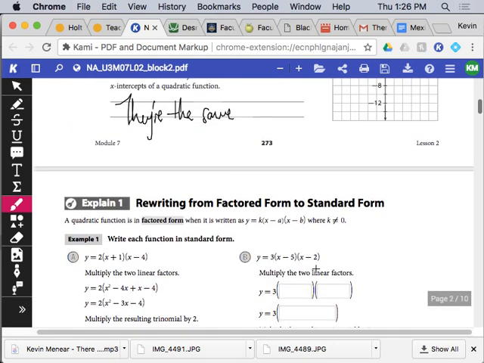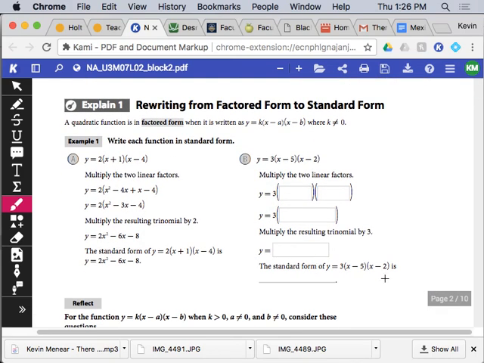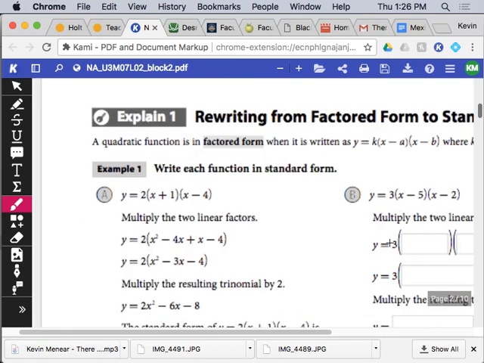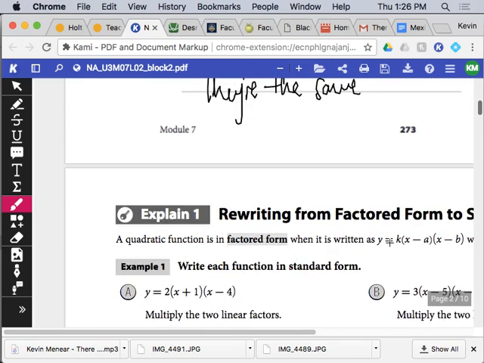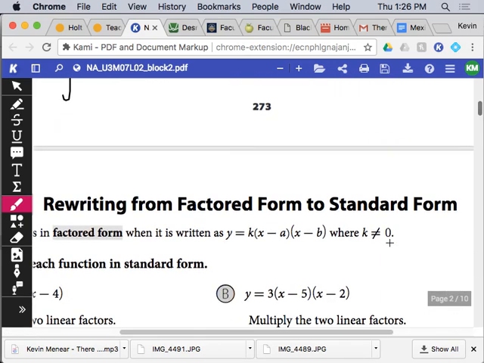Now, we're going to take another step because we'll introduce a form that you don't usually use too much, but it helps us here. It's called factored form. And this is the form that we were in before.